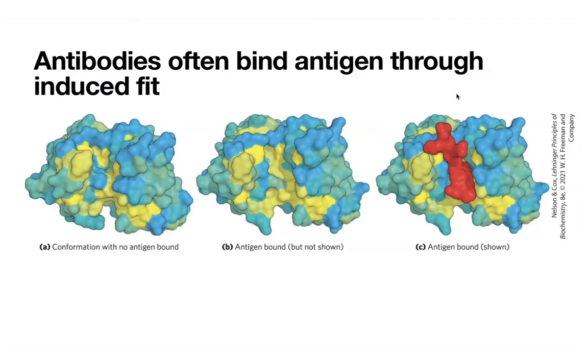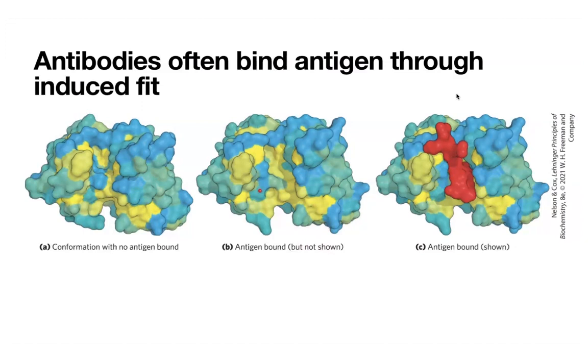In yellow, we have the hydrophobic regions, in blue the hydrophilic regions, and green is somewhere in the middle. So what can we notice? Well, as we might expect, the hydrophobic regions are going to be more in the center. Over here, we can see that there are hydrophobic regions that are exposed, but not nearly as much as in the center figure, which is the shape of the antibody after the antigen is bound.